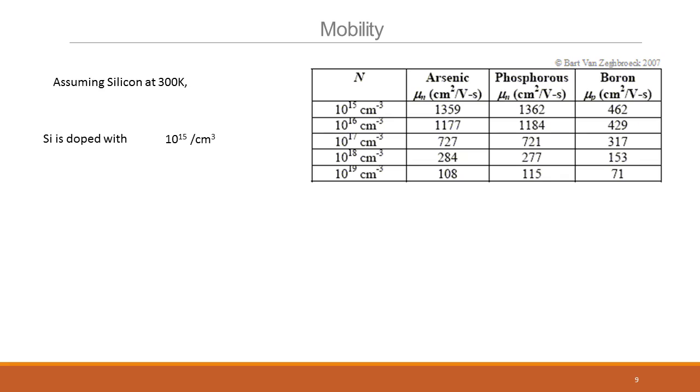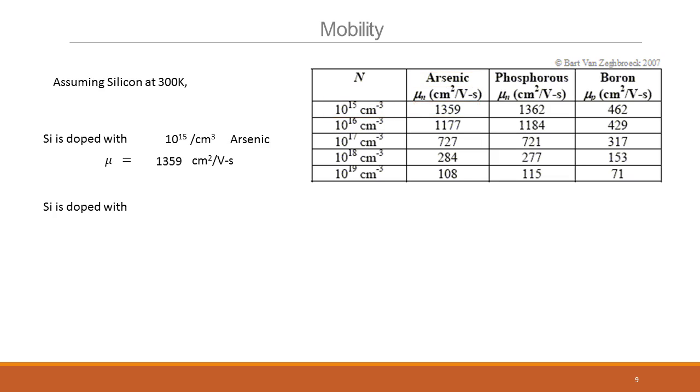Right? So let's take an example. Let's say silicon is doped with 10 power 15 atoms per centimeter cube. Let's say the dopant is arsenic. So arsenic is here. So we'll have to pick up 1359. Mobility is 1359 centimeters square per volt second. Right? So this 1359 is appearing here.